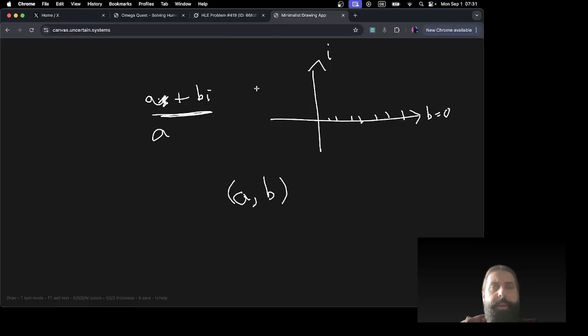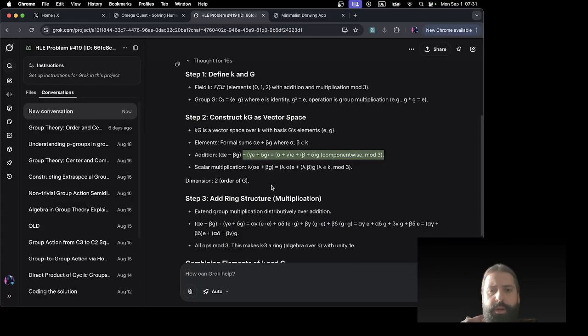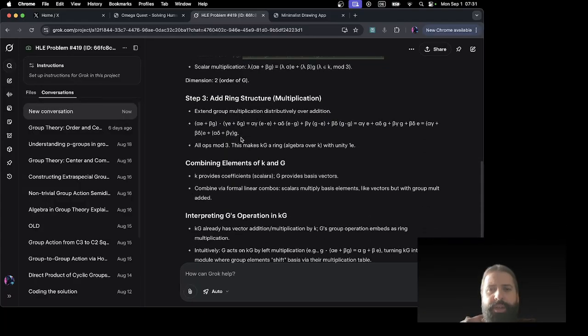Okay. Okay, that's something at least. Add a ring structure multiplication. Extend group multiplication distributively over addition.